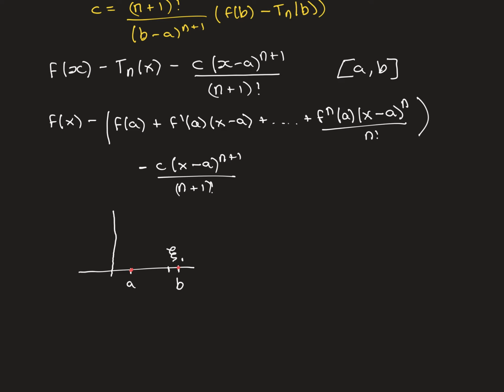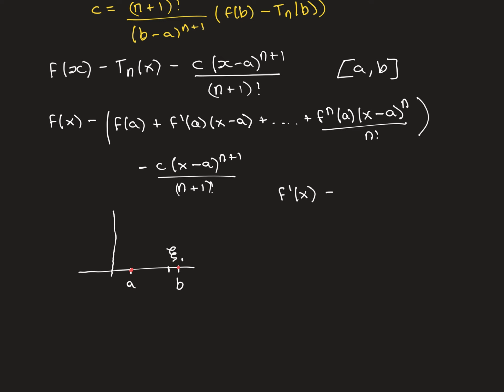Let's actually differentiate our function now. So this is our function written out in full. Let's differentiate it. It differentiated is going to become the function differentiated, and then our Taylor polynomial differentiated once. This bit's going to vanish, of course, and then we know how to differentiate these polynomial terms.